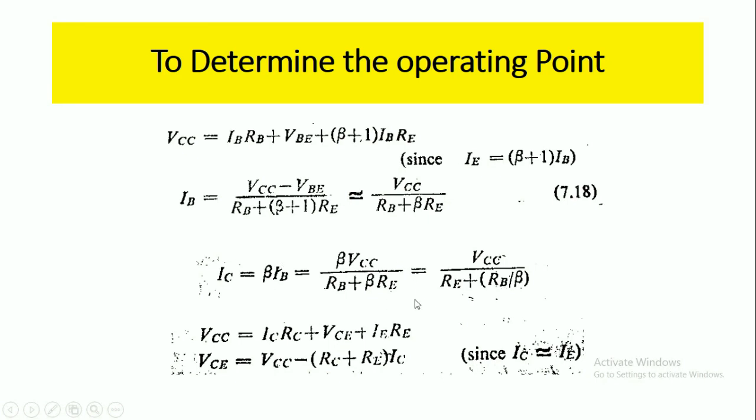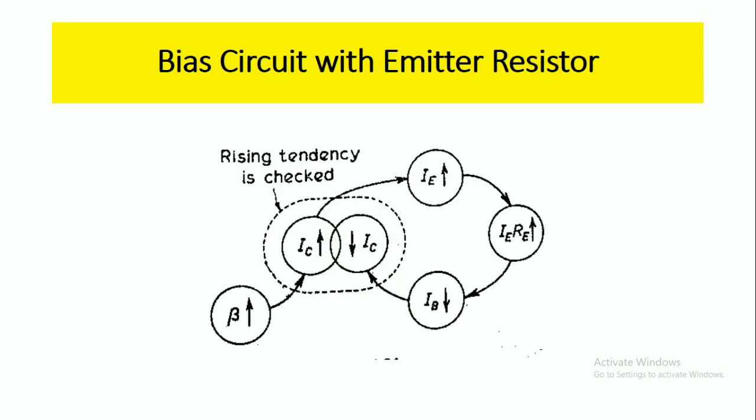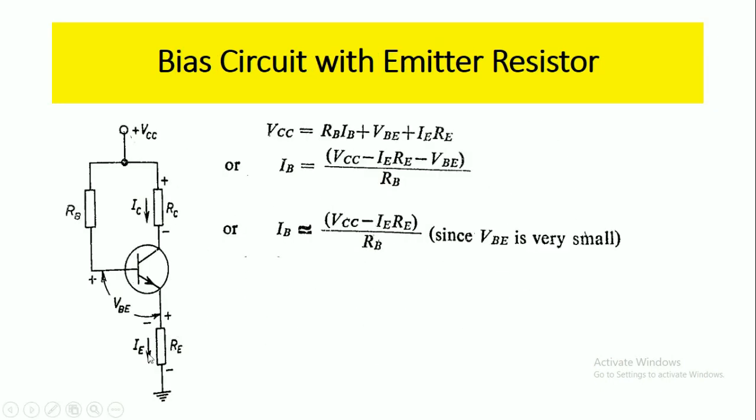Here the resistance RE is far greater than RB by beta. So a high value of RE will cause a large DC drop across it; that is, there will be a large voltage drop across it.